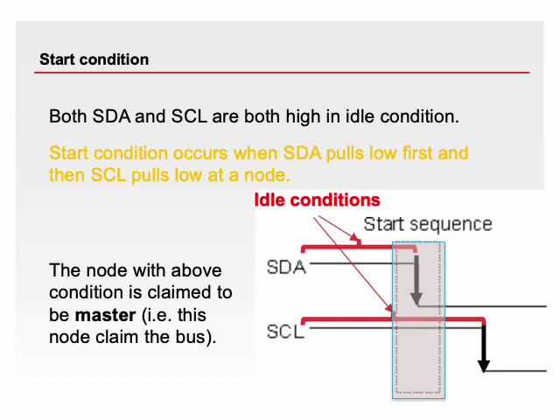To generate the start condition, the master device pulls the SDA line from idle high state, logic level 1, to low state, logic level 0, while keeping the SCL line high, and SCL pulls low right after the SDA, as shown here. Hereafter, it is the master that sets the stage for addressing and data transfer.